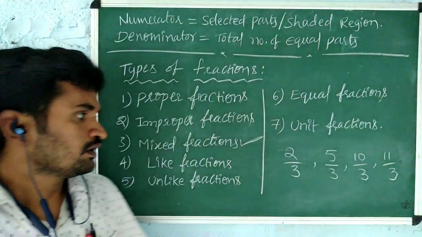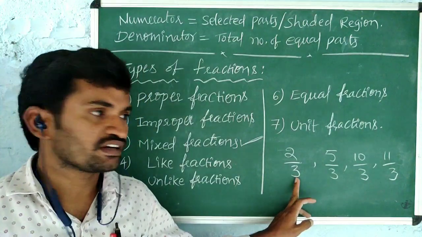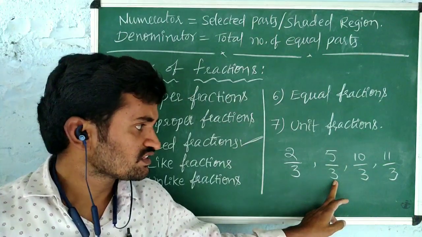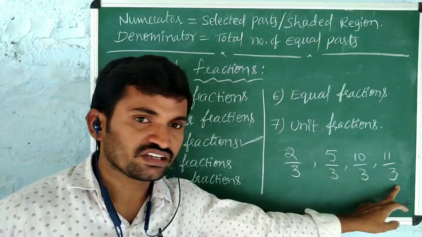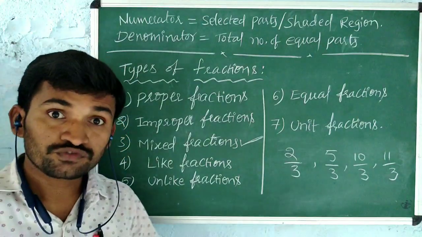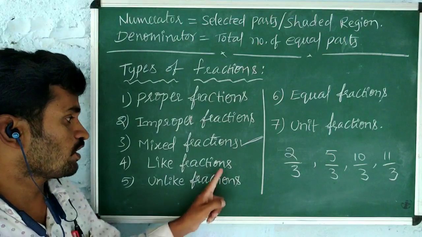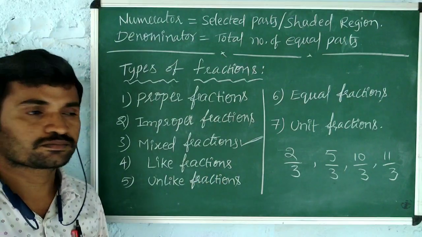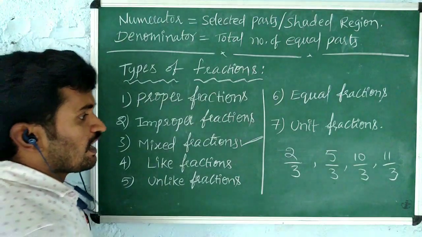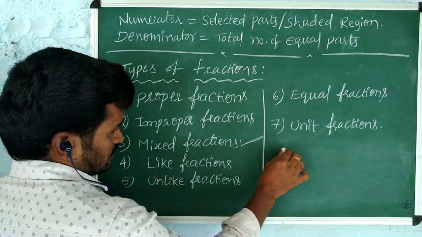So all these fractions having same denominator. 3 is there. So those fractions having same denominators are called like fractions. Okay. Next, unlike fractions. Unlike fractions means different denominators.